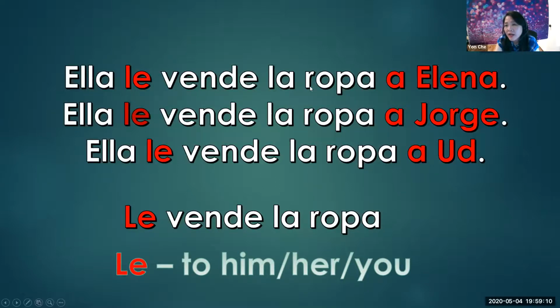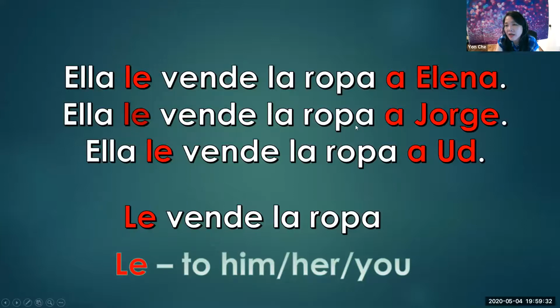Ella le vende la ropa a Elena. Because of a Elena, this one will be translated as to her. So she is selling the clothes to her. Without a Elena, we'd be lost because we don't know. So this is the context that I'm talking about.